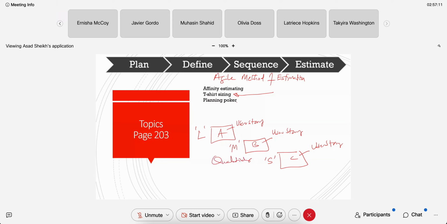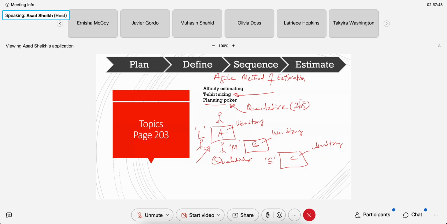They also have this one called planning poker. This one is quantitative. And so planning poker, it's in the book, if you look at page 205, what you do is let's say you have this A. You get a bunch of team members.